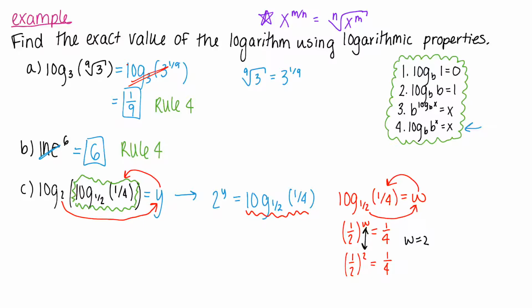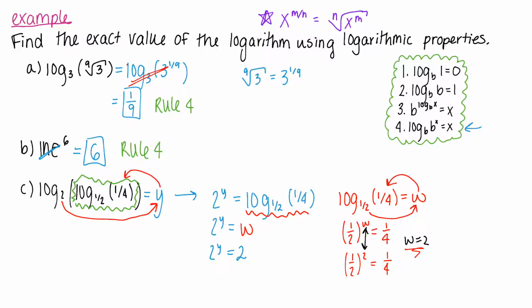So this whole thing here was w, right? Because we said log base 1/2 of 1/4 is equal to w. So this whole thing right here is w. And then we decided that w was 2. We're now at a point where we can solve for y.